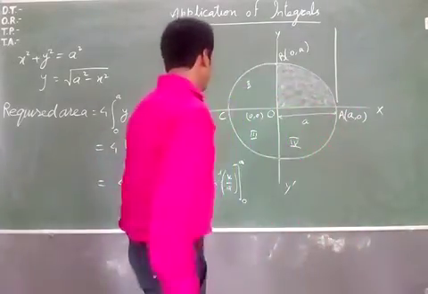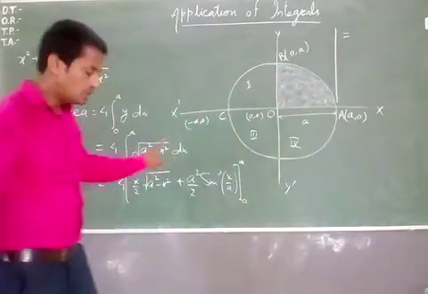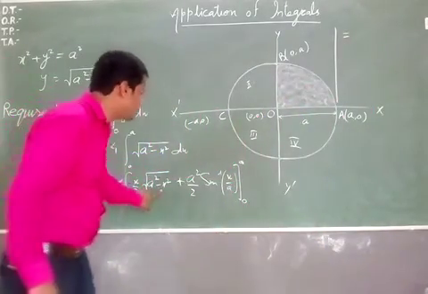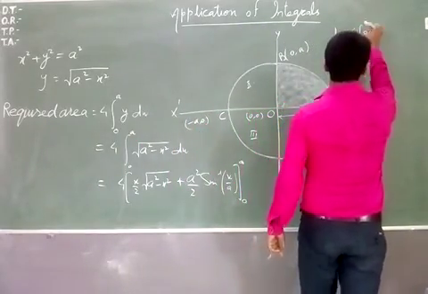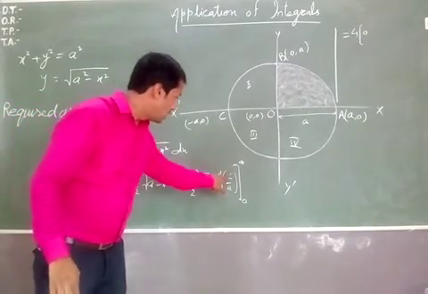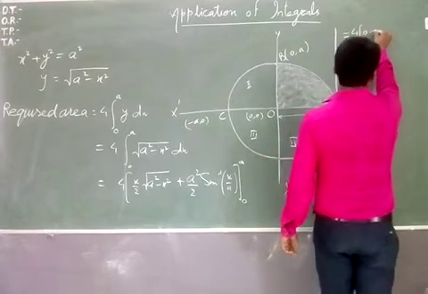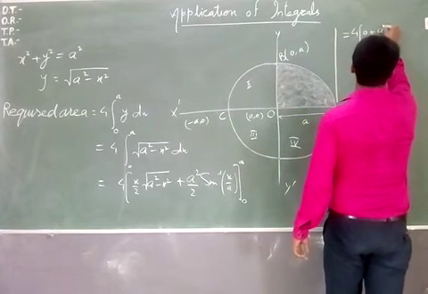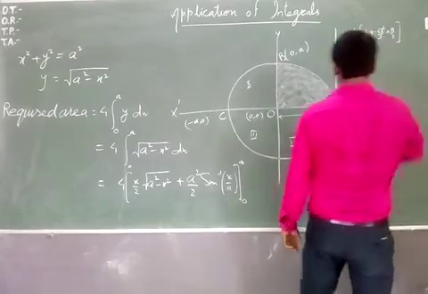The required area we can find here. Substitute the limit x equal to a: 4 into 0, because if I put x equal to a, this becomes 0. X equal to a, a by a, sin inverse 1 equal to pi by 2.